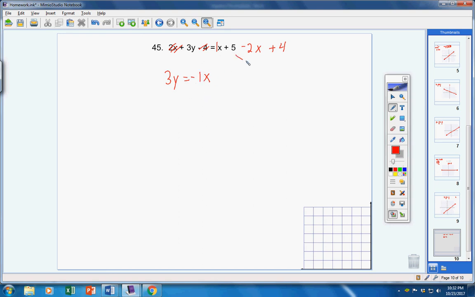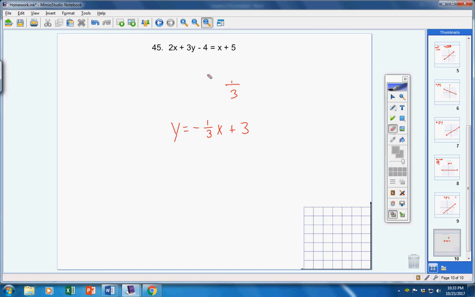I have two constant terms, positive 5, positive 4. That's a positive 9. Now lastly, in order to get y by itself, I'm going to divide everything by 3. These cancel. I have negative divided by a positive is negative. 1 divided by 3 is 1/3. I have a positive over a positive is positive. 9 divided by 3 is 3.